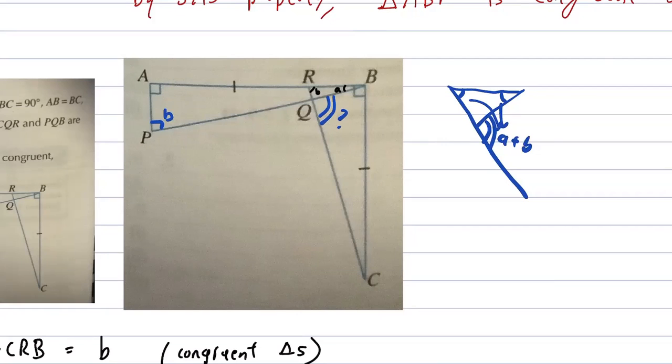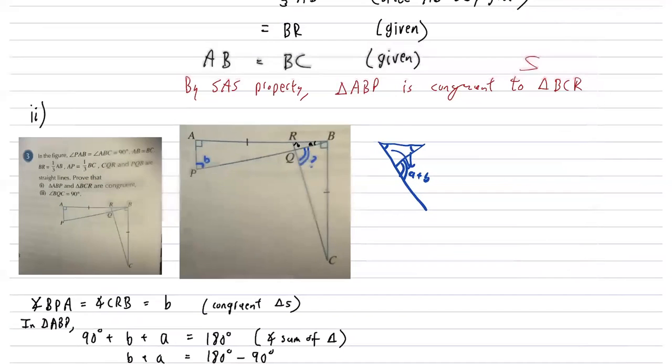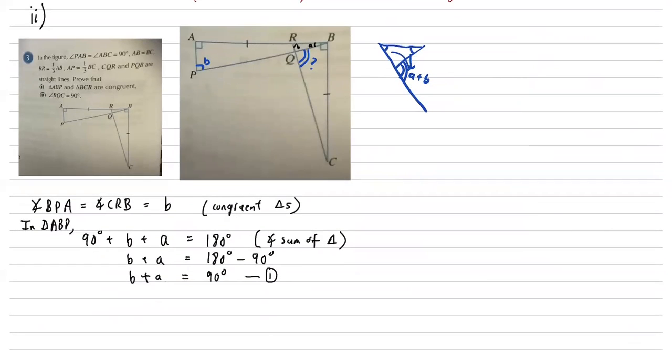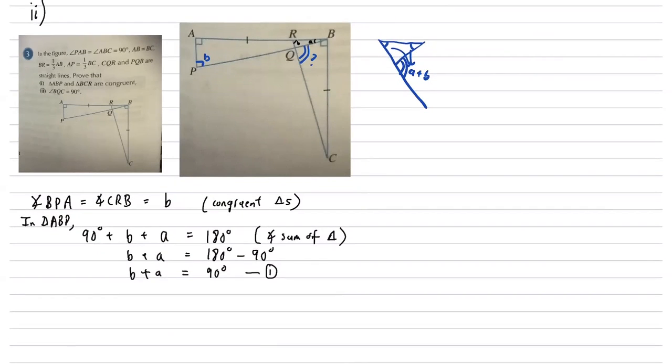A plus B must give you the exterior angle. Okay, so that means that angle BQC must be equal to angle CRB plus the angle ABP. That's because exterior angle is equal to the sum of the interior opposite angles.